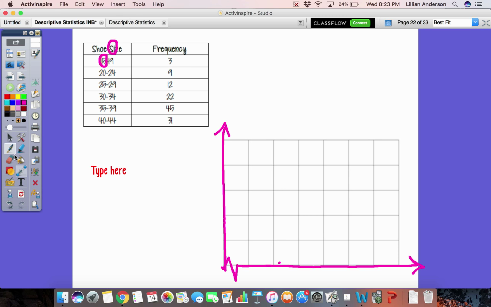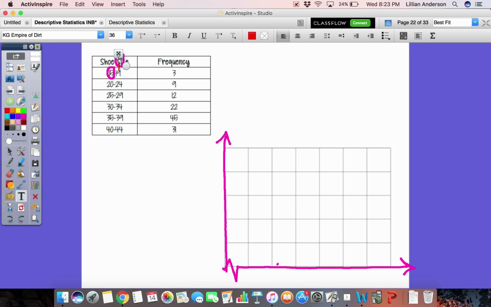Now remember from our last example, the number before was 14. And so we've got to find the average between these values. So between 14 and 15, remember that boundary was 14.5.